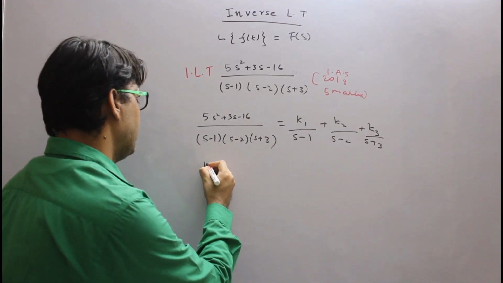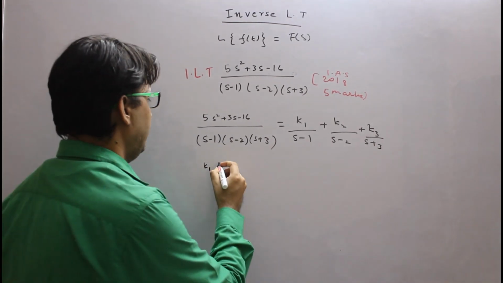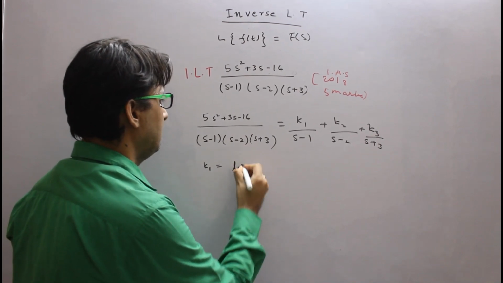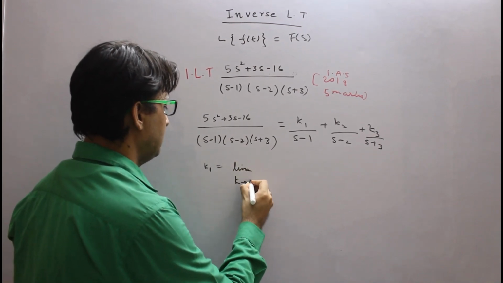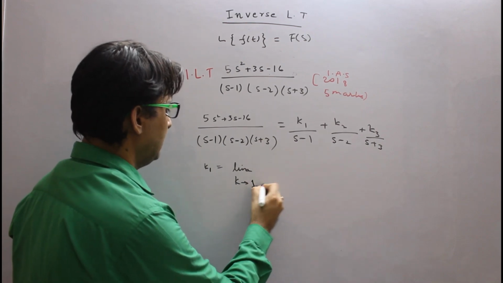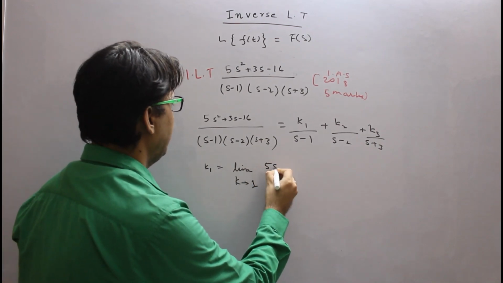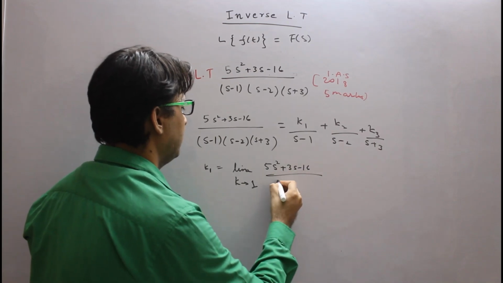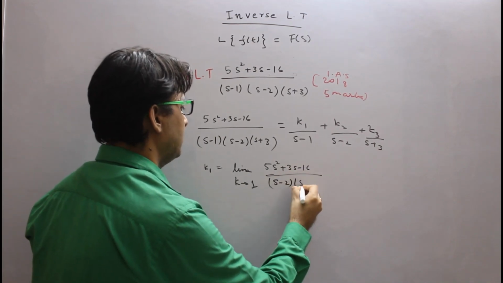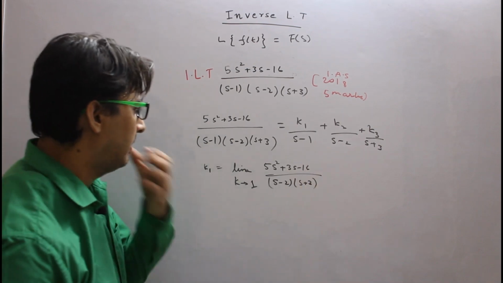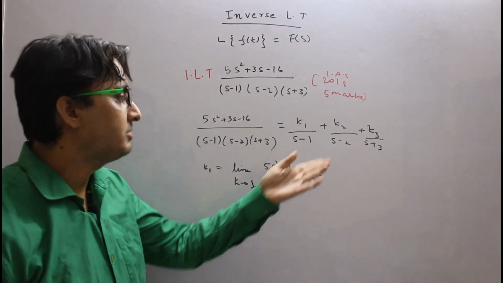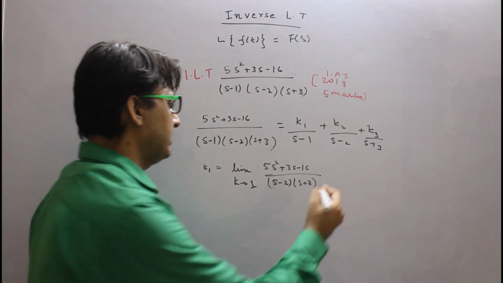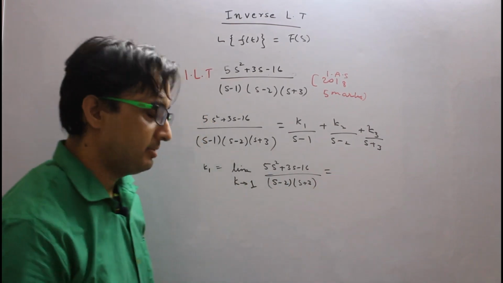To find k1, we take the limit s tends to 1 of 5s square plus 3s minus 16 divided by s minus 2 into s plus 3. We could have also done it as we have done in class 12, but this is another way of writing it and it will give us results quite quickly.